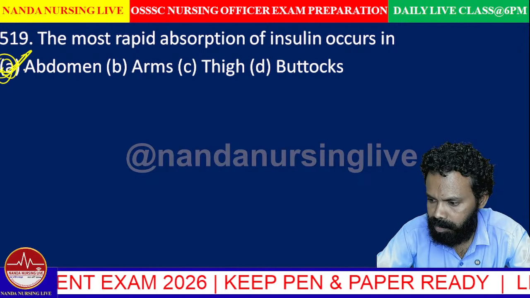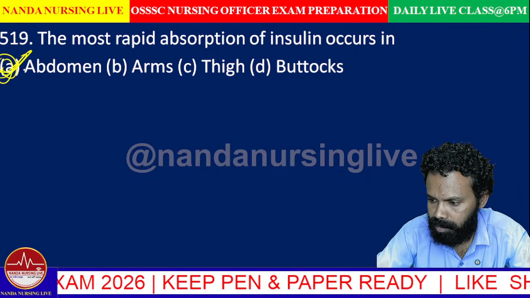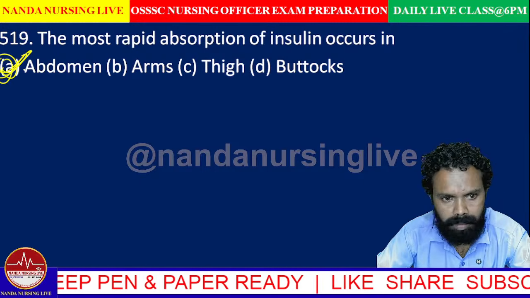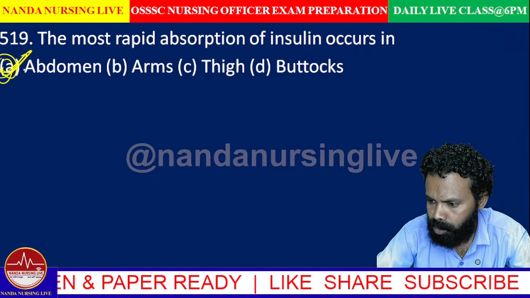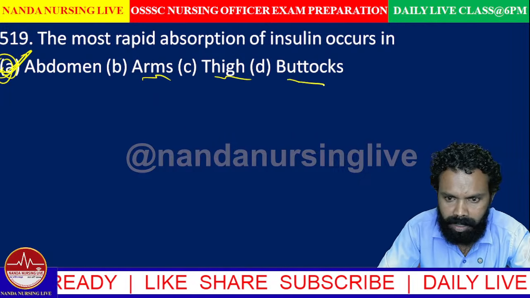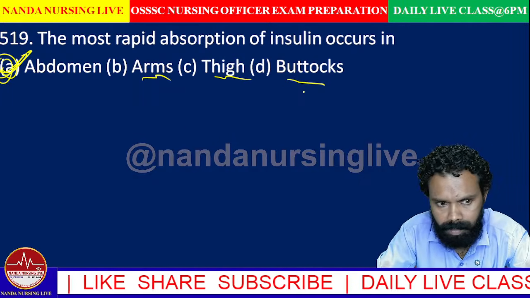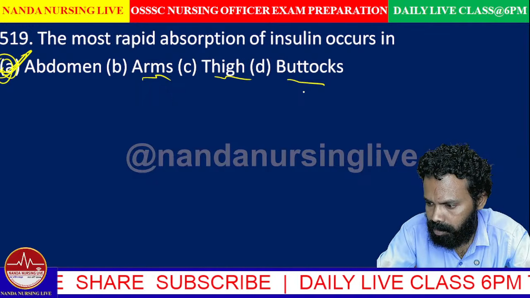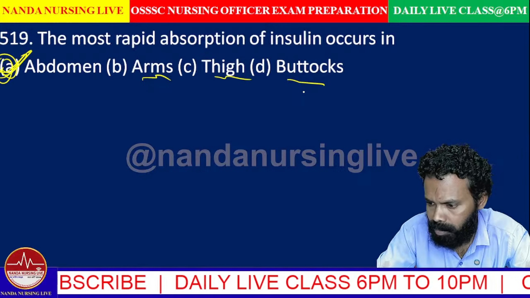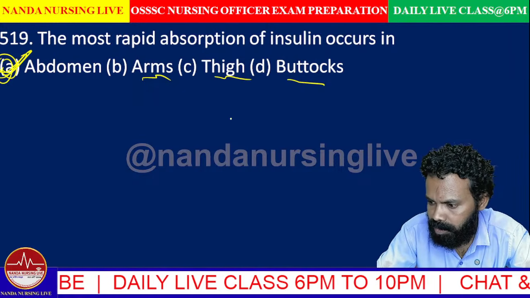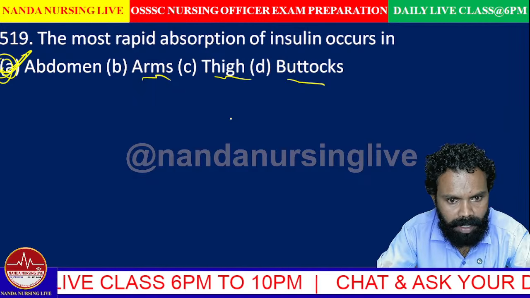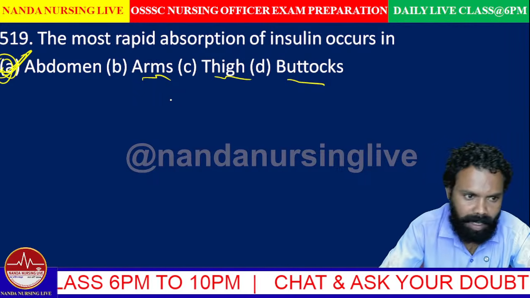The most common injection sites are arms, thigh, and buttocks, but the most rapid absorption of insulin occurs in the abdomen, right? Option A is the correct answer.